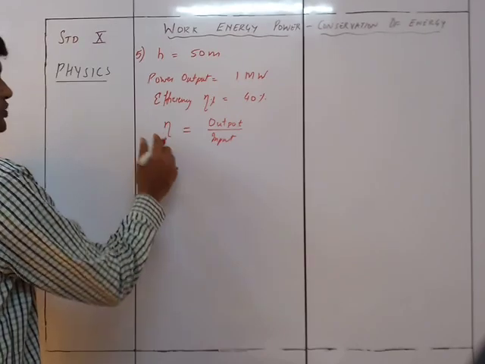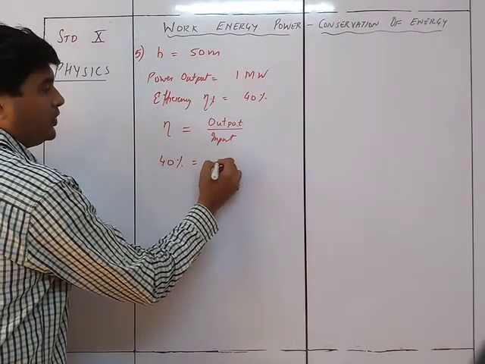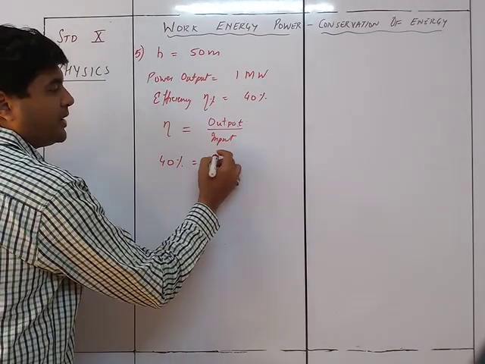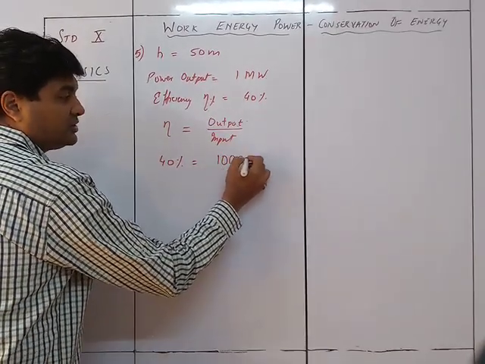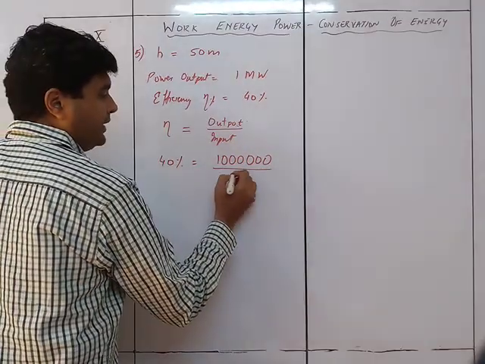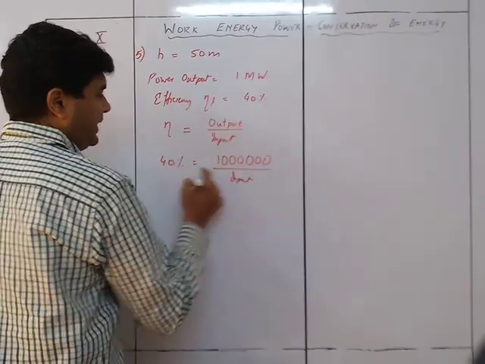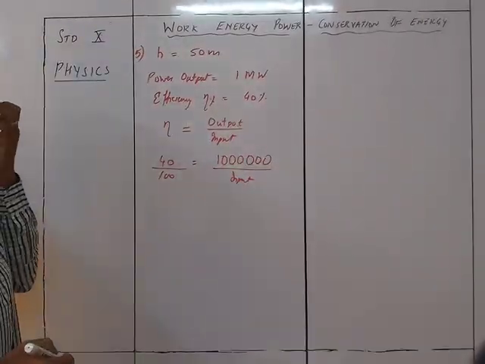So you see first over here, 40% is equal to output, that is 1 megawatt. What is 1 megawatt? It is 1, 2, 3, that is 1000, and then this is like this, so 1 megawatt upon input. And for the percentage, to get the percentage we multiply by 100. Got it?